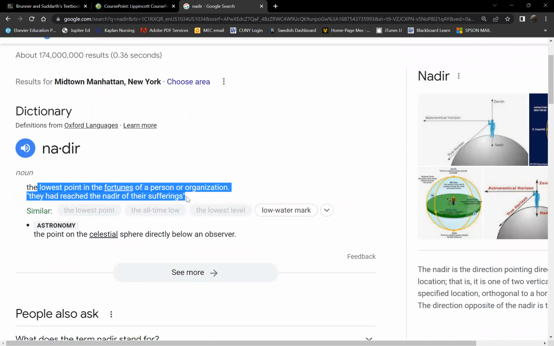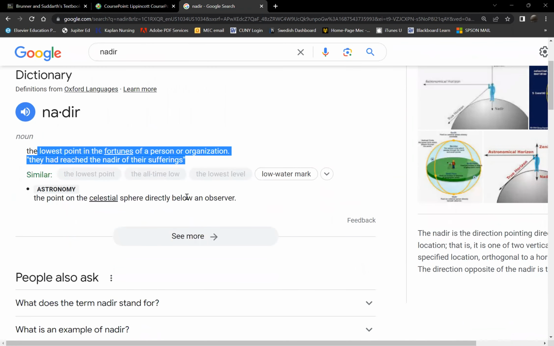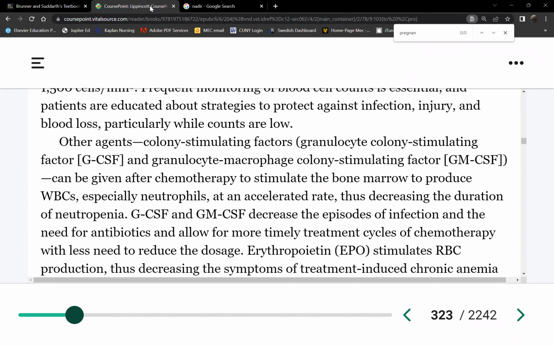So here in chemotherapy, nadir is a time period wherein the blood counts are at their lowest. Each chemo drug will have a different nadir period. We can't generally say all chemo drugs have this nadir.